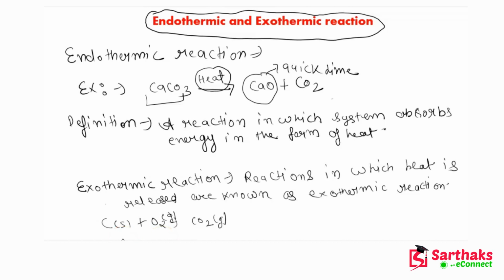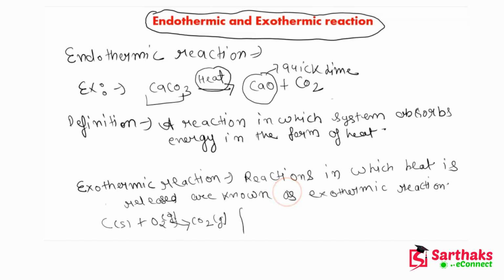You can say the burning of coal. When you burn coal, lots of heat is released in this process. So this is also an example of an exothermic reaction because heat is released. I hope guys this point is clear to you.